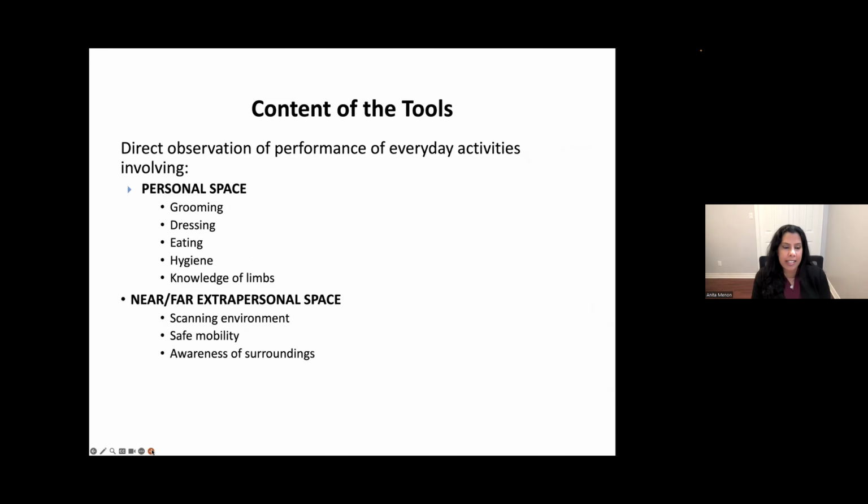So it looks at, again, direct observation of a client in very functional activity. The reason why I wanted to introduce this tool is that it could be incorporated in just your general ADL assessment that you do, wanting to screen for neglect through that observation. So you can scan through different activities and see if there's a presence of neglect in the various spaces.